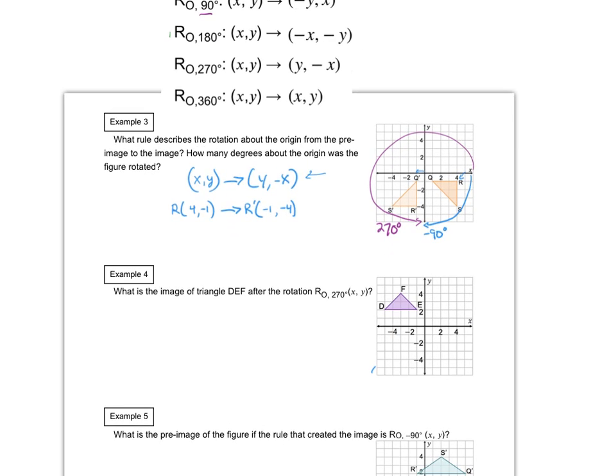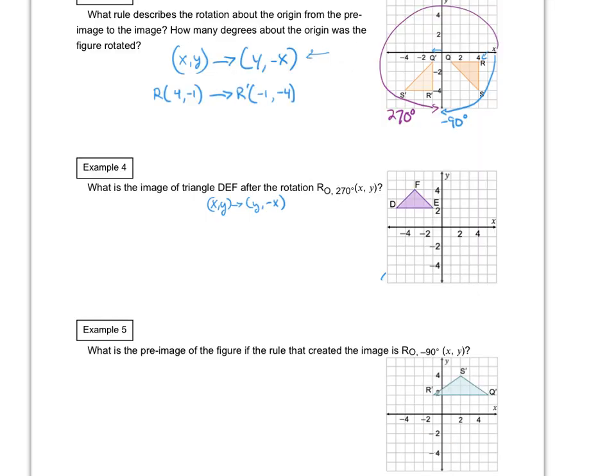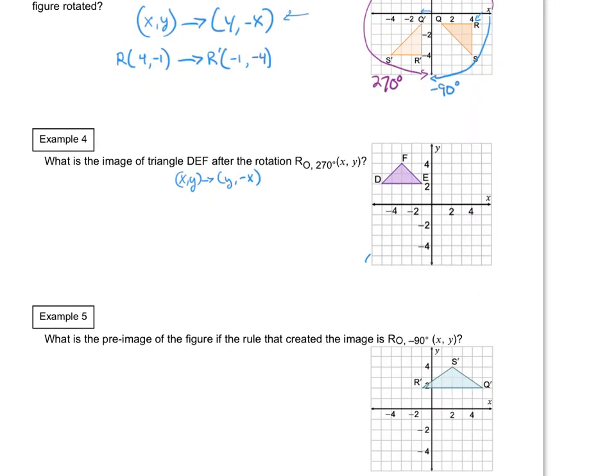Okay. Same rule applies here. What if, in example number 4, what is the image of triangle DEF after a 270 degree rotation? Again, we are looking at that rotation where (x, y) maps to (y, -x). 270 degrees, that would be positive, so we would go 90, 180, and then 270.